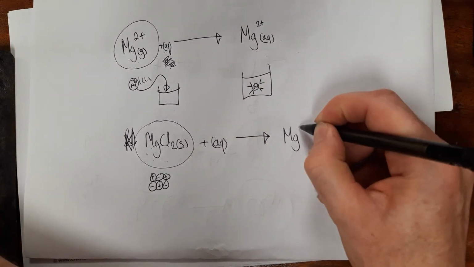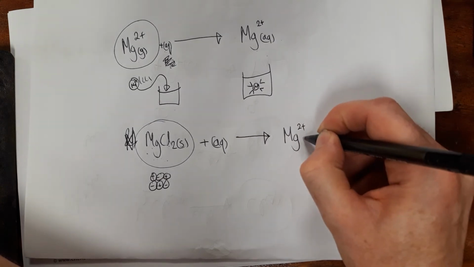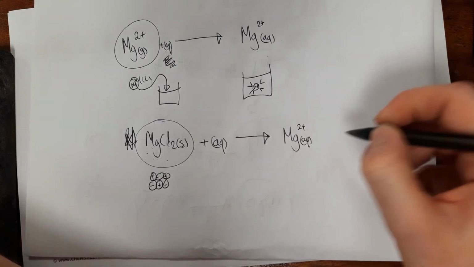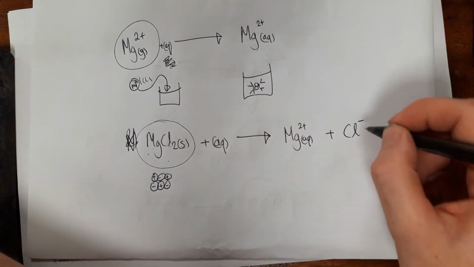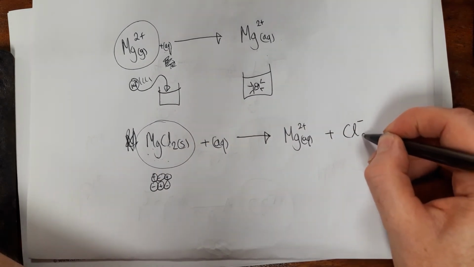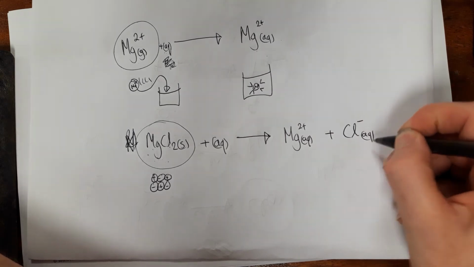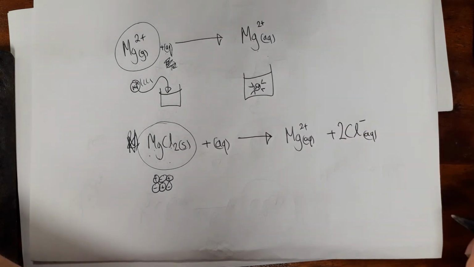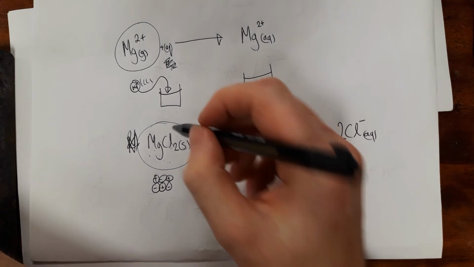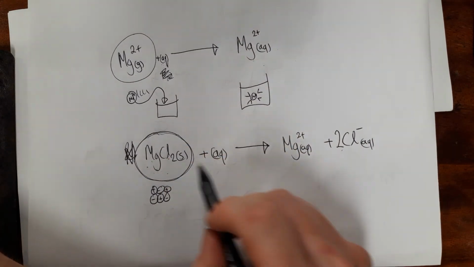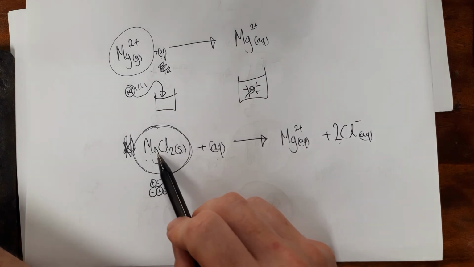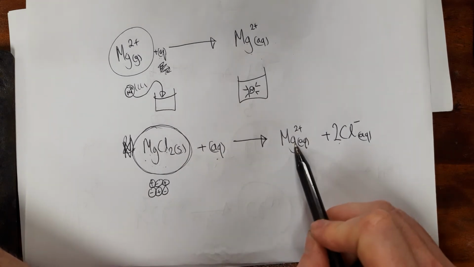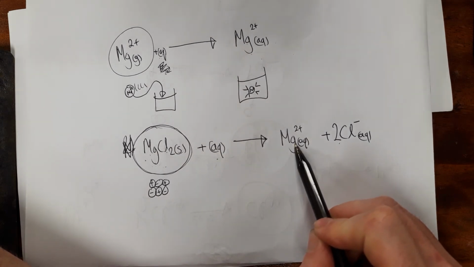So magnesium chloride is made of Mg2+, so they're now surrounded by water, and chloride ions are Cl-, aqueous, and there's going to be 2 of them. I'm allowed to put a 2 over this side because it's 1 mole of ionic solid being dissolved in water. So you've got to know the formula of the ionic solid and then know the charges on the ions to do that one.